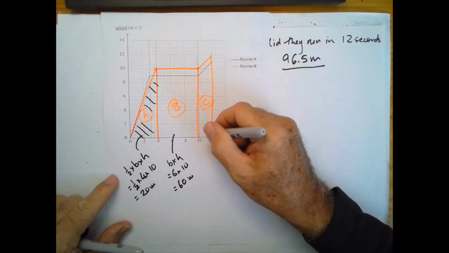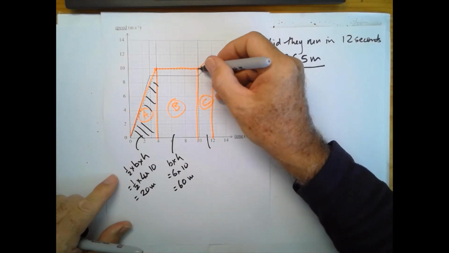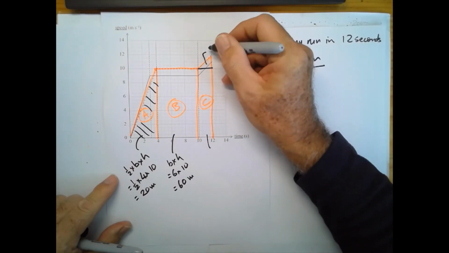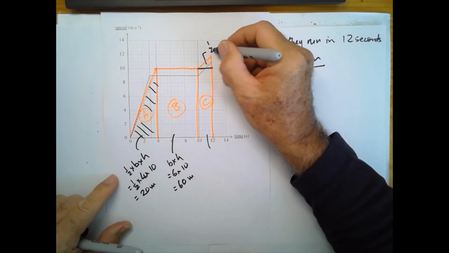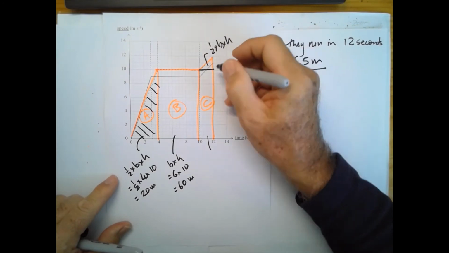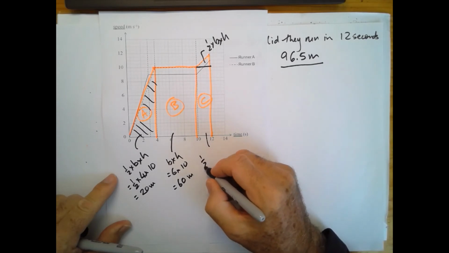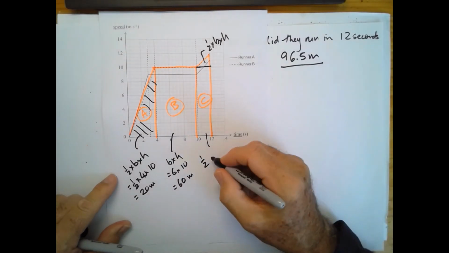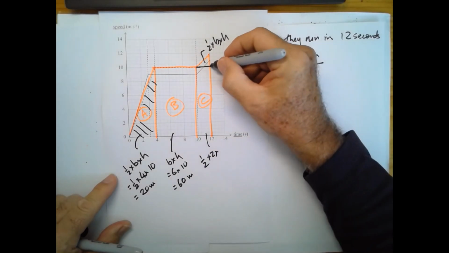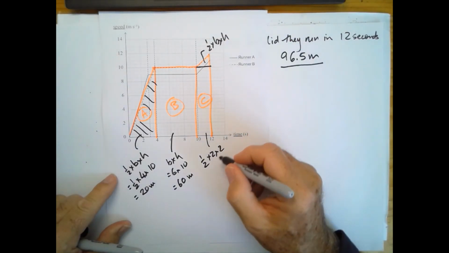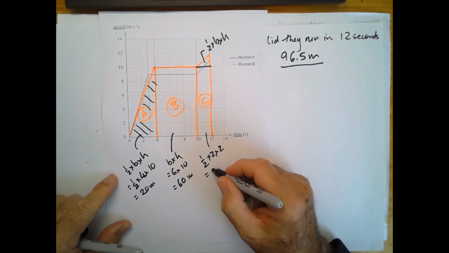This area C, let's divide into 2 parts again. The area of this top half, 1/2 times base times height, is equal to 1/2 times the base, 2 seconds, times the height of 2 seconds, is equal to 2 meters.